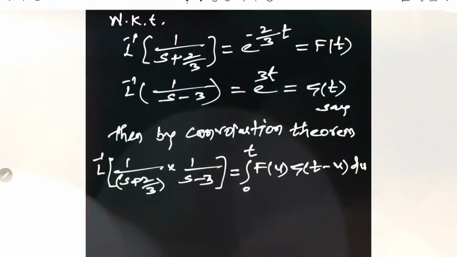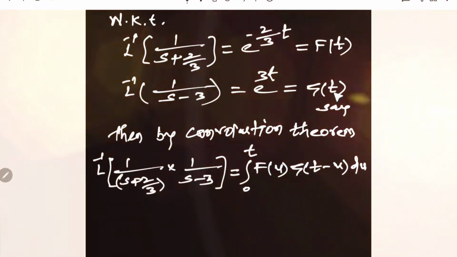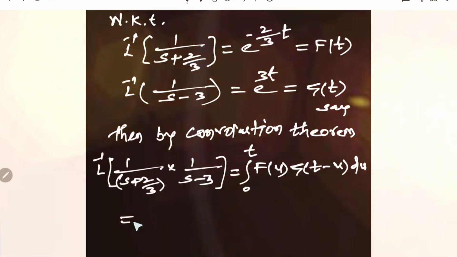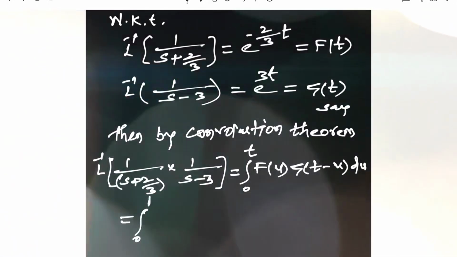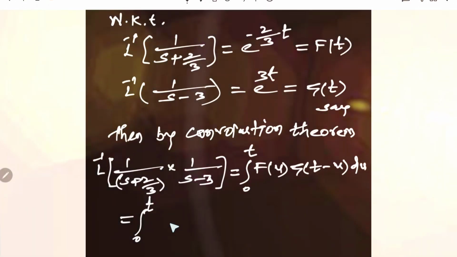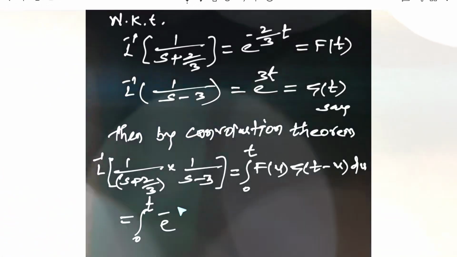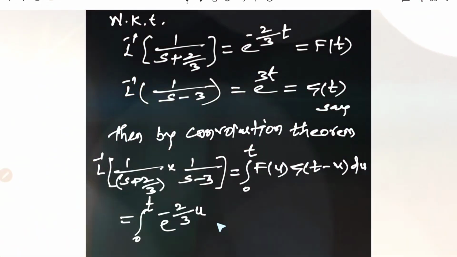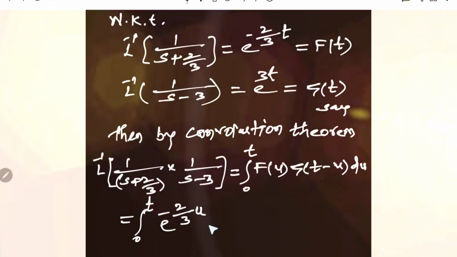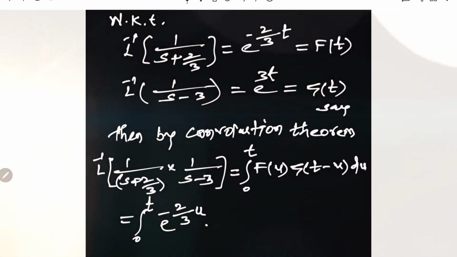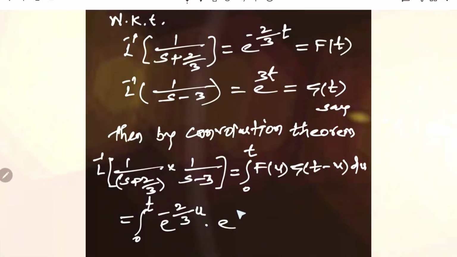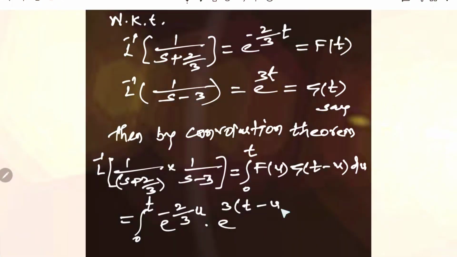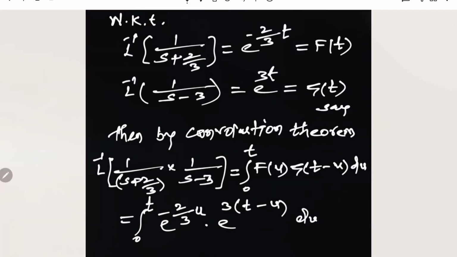In f of t, replace t by u, and in g of t, replace t by t minus u. We get integration from 0 to t, f of u becomes e raised to minus 2 by 3 times u and this g of t becomes e raised to 3 times t replaced by t minus u, and then its integration with respect to u.